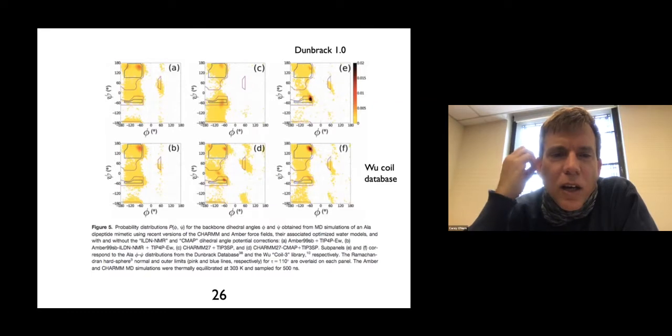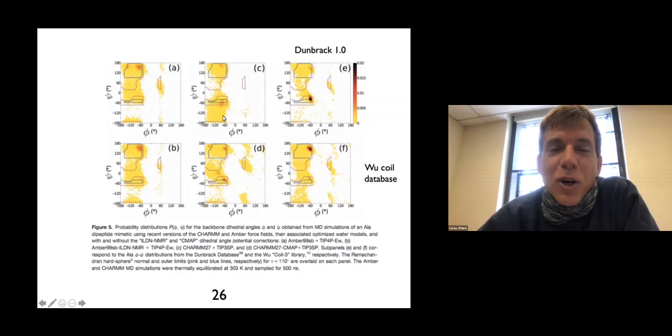And what I want to show here is that sometimes the force field doesn't work that well. For example, in C, you see relatively abundant psi values around -120, which is not really borne out in the crystal structures, although some of the coil databases do have some -120 values.